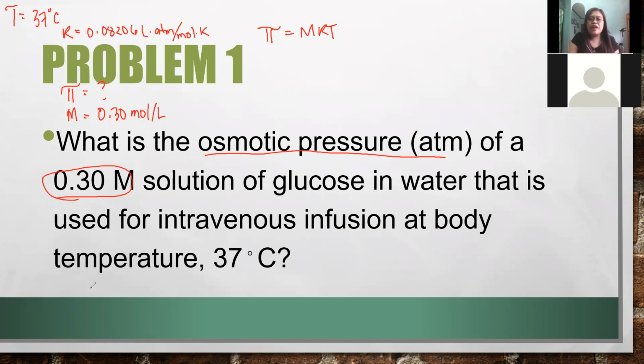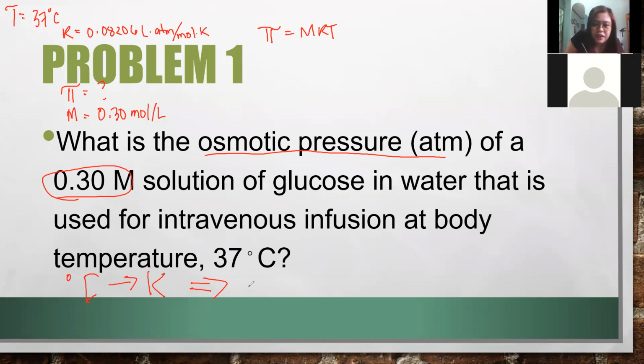Now, how do we convert degrees Celsius to Kelvin? Anyone here knows how to convert degrees Celsius to Kelvin? I'll wait. How do we convert this one? Okay, very good. You have to add.